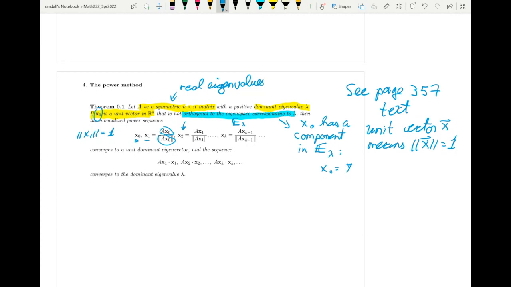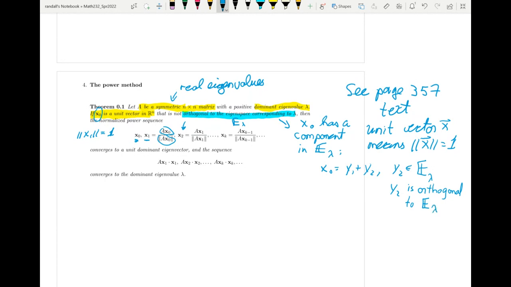y1 plus y2. So here are two vectors, and y2 is in the eigenspace, and y1 is orthogonal to it.